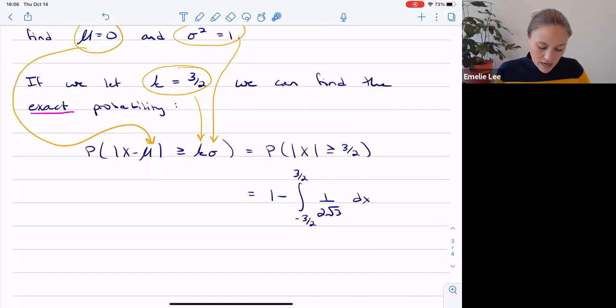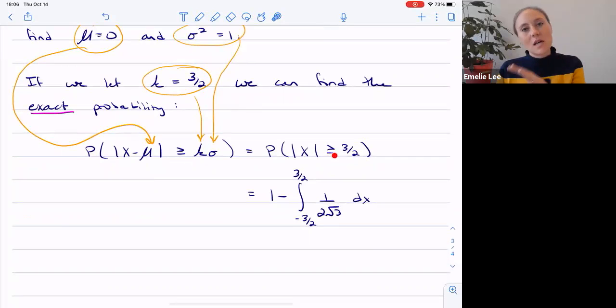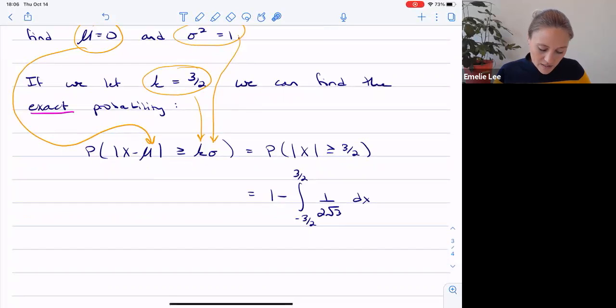That's going to be the same as, so greater than or equal to means I'm on the upper end of the curve, whatever the curve looks like. In this case, it's a uniform distribution. And so now I want 1 minus the integral from -3/2 to 3/2, because I want the absolute value of x to be greater than or equal to 3/2. And so 3/2 is kind of that cutoff, and then I want past that point. And if I do 1 minus the area between those 2 points, then I get the area that I want.